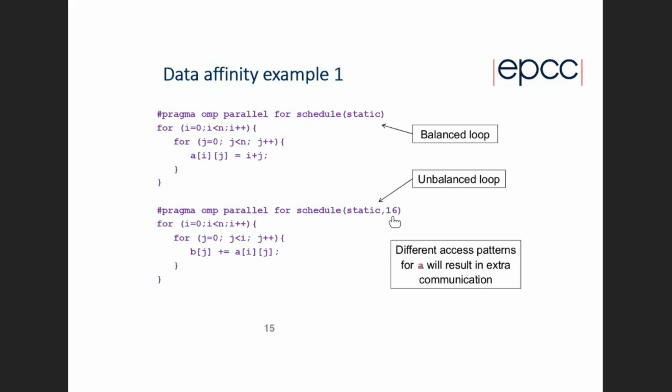So you maybe do some experiments to figure out a sensible chunk size for this particular loop. But then when we look at the first loop, this one's balanced because J runs all the way up to N here.